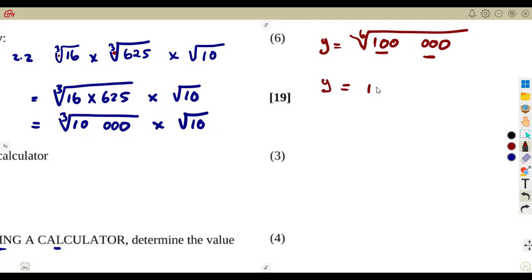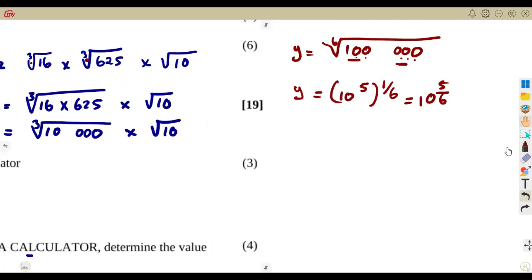This can be written as 10 to the exponent of what? 5. There are many zeros, guys. There are 1, 2, 3, 4, 5. So it's 10 to the exponent of 5. But remember the sixth root, like I said, guys, it means a fraction. So it's going to be 1 over 6. All right? So that is 10 to the exponent of 5 over 6.